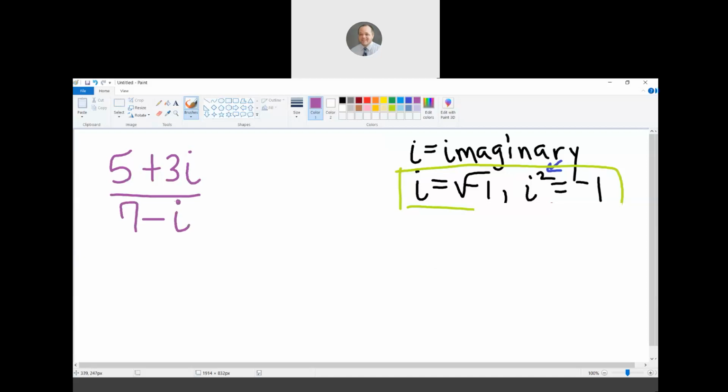Just like you did with radical division, we have to multiply the top and the bottom of our fraction by the conjugate of 7 minus i. So the conjugate of 7 minus i is just simply 7 plus i.